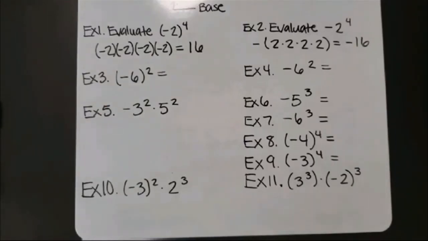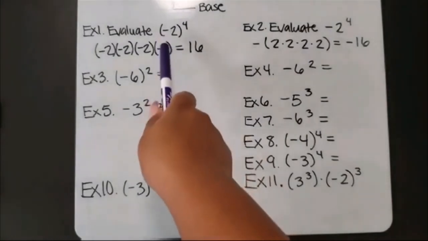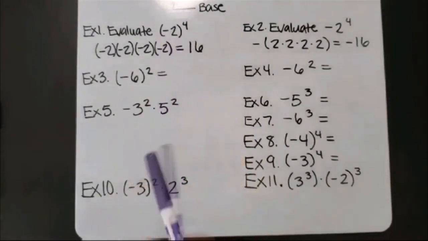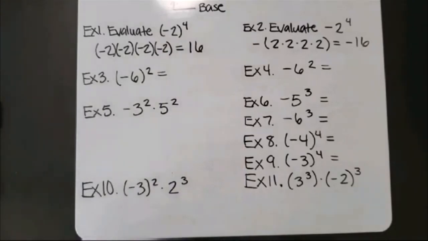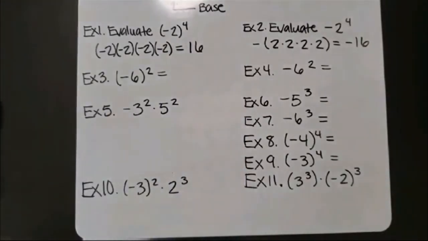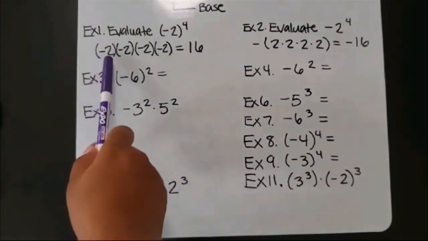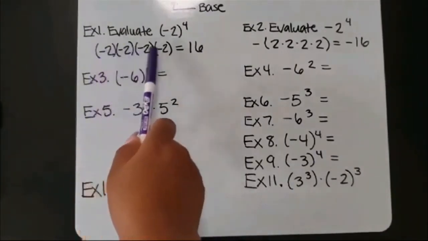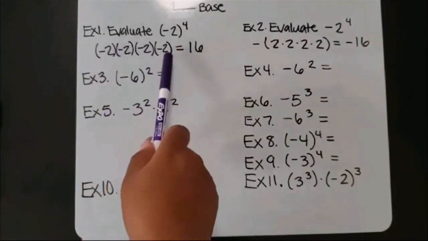So with example 1, you see that the negative 2 is in parentheses. So when that negative 2 is in parentheses, that means that we are literally taking negative 2 and we're multiplying it 4 times, all right?